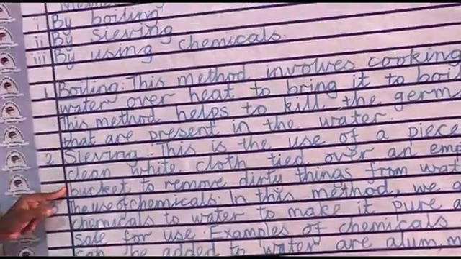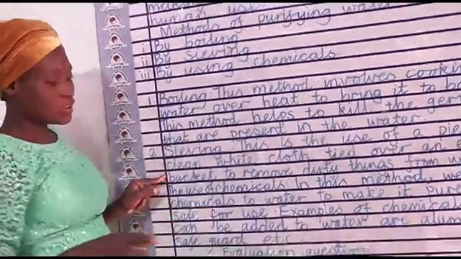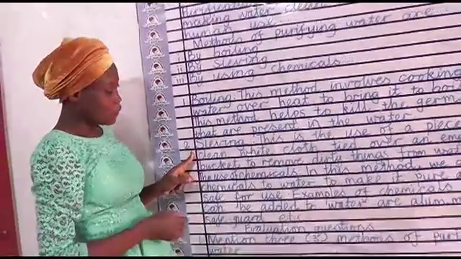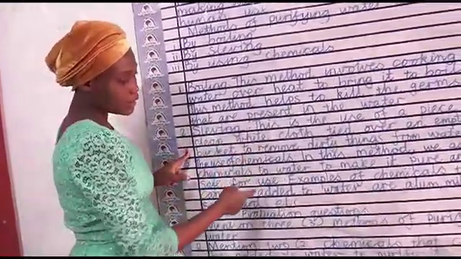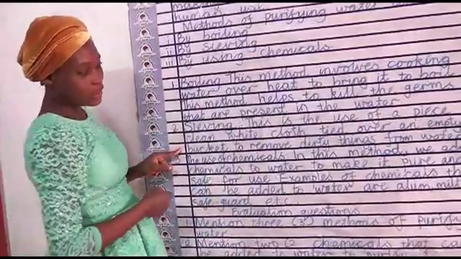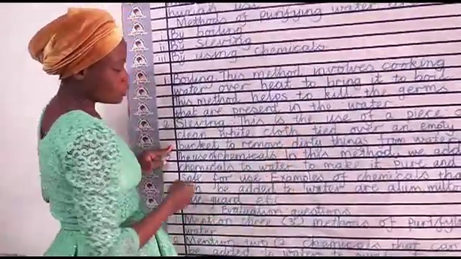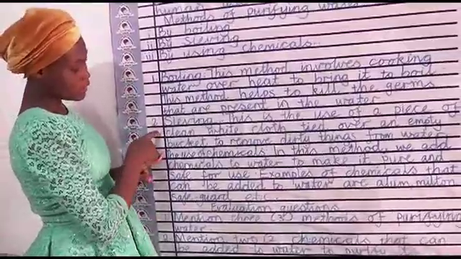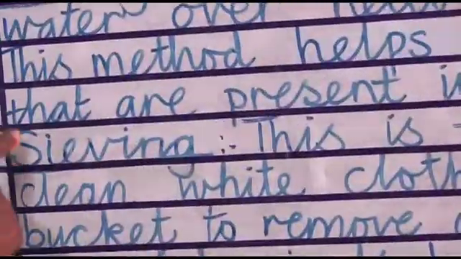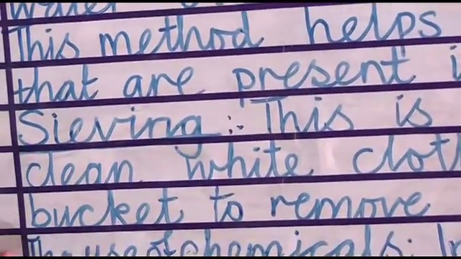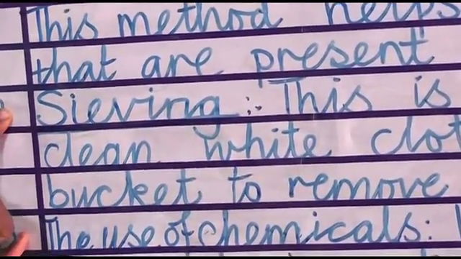Like what we just did before this, we sieve water with our sieving cloth using a clean bucket and a white clean cloth. So that is the method of sieving the water, using what? Sieving to make your water become clean for use.